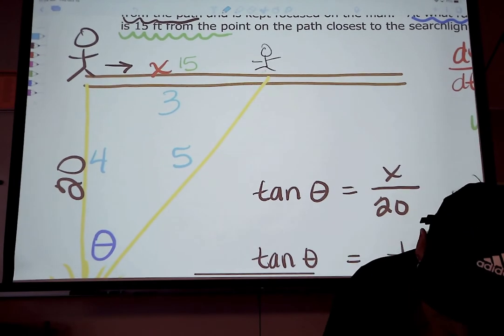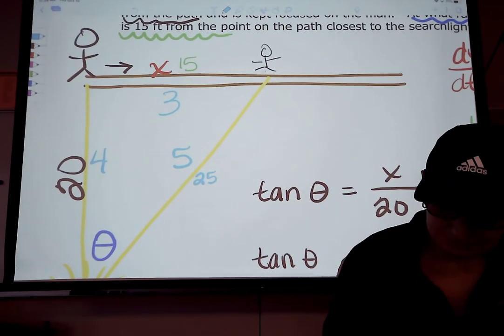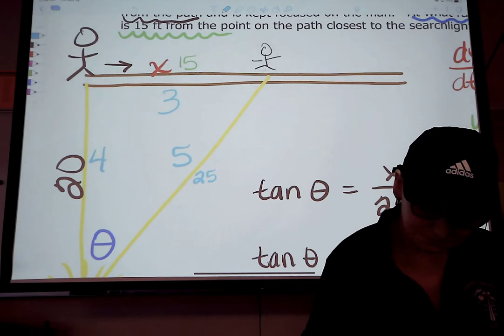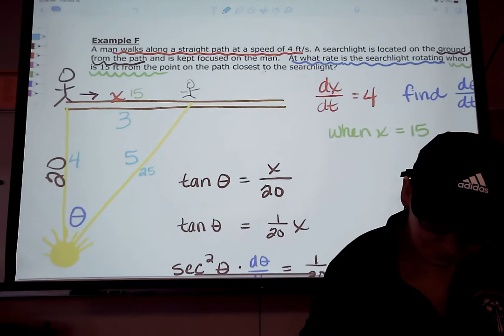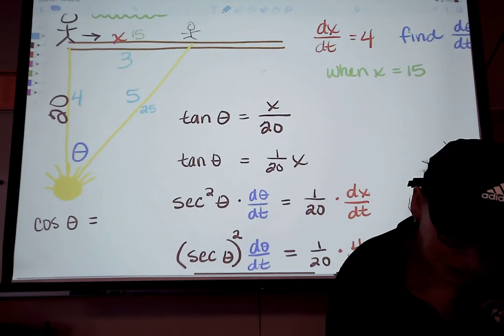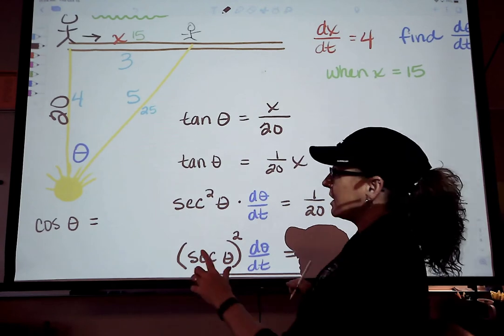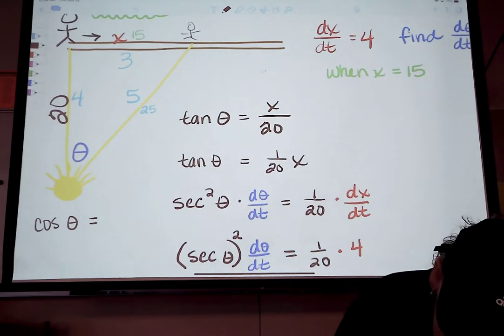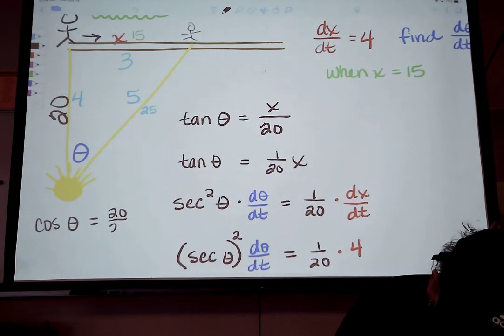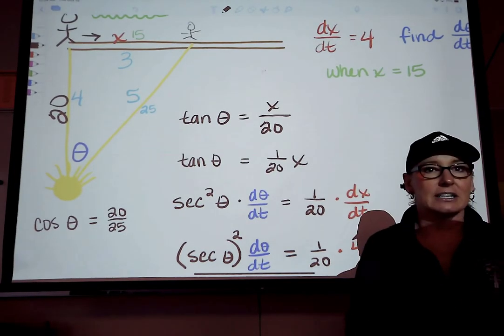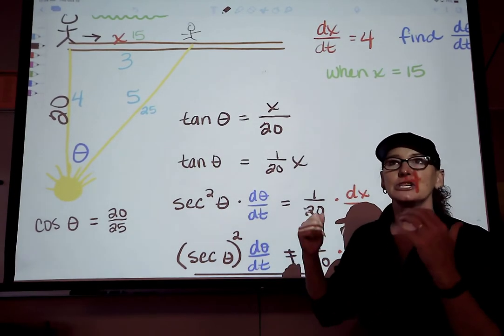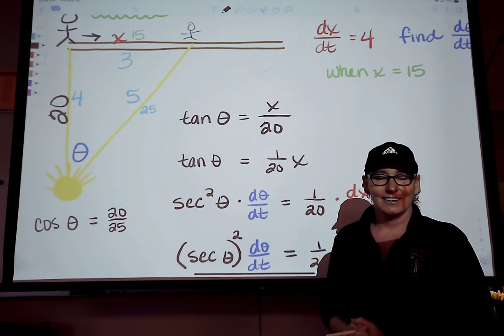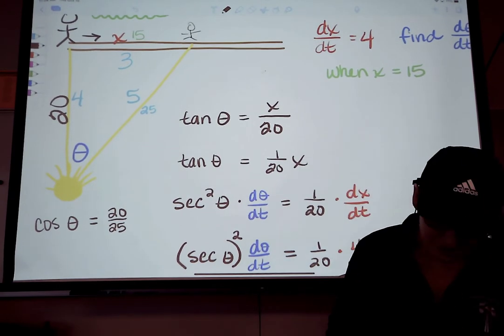So according to the Pythagorean triple, this would be 25. Now, you can make your cosine fraction. Your cosine fraction is adjacent over hypotenuse, so 20 over 25. Don't be ridiculous. Reduce that. Holy moly, reduce that.